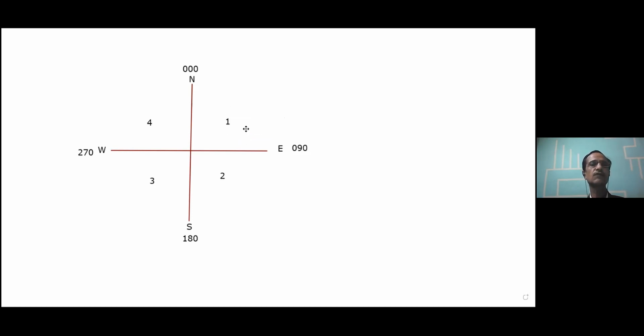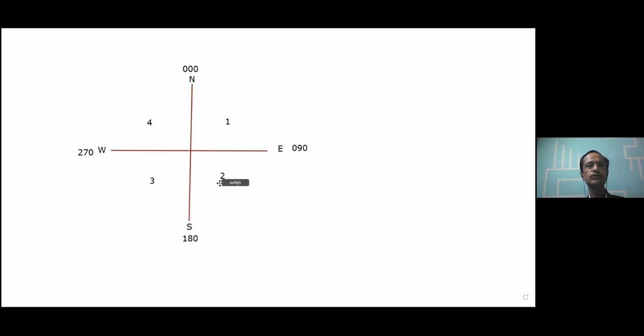Why? Because as per ICAO guidelines, any aircraft flying in the first quadrant will fly at odd thousands of feet, odd numbers, 1, 3, 5, 7, 9, 11, that way. Are you getting my point? Yes, sir. So any flight level you choose to fly as a captain will be an odd level if your heading takes you into the first quadrant.